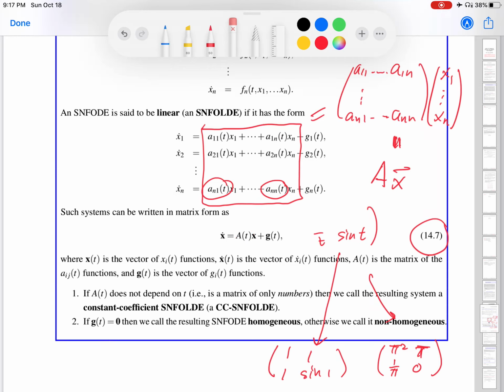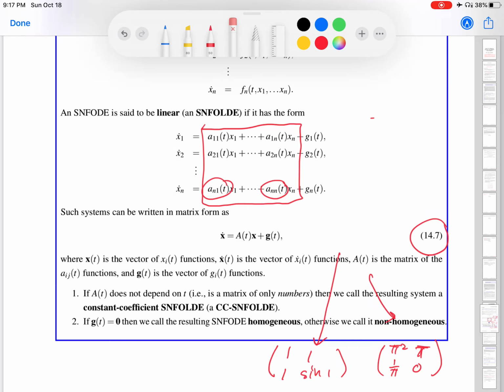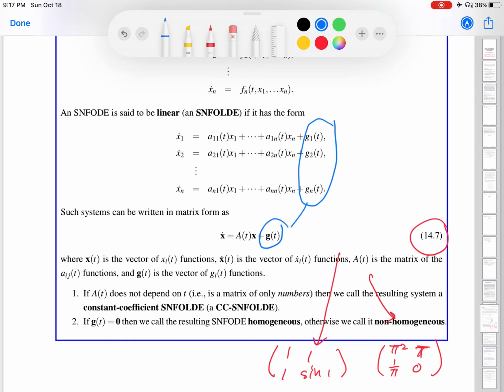So what is left over? Well, on the right-hand side of the system that we have been working with in this definition, in the linear case, we have all of these g of t's, right? And these don't have the x's in them. So that explains why they get put just in their own vector without any x's.